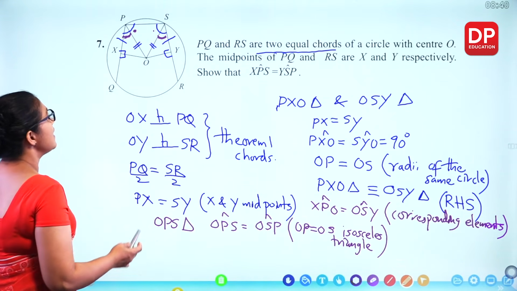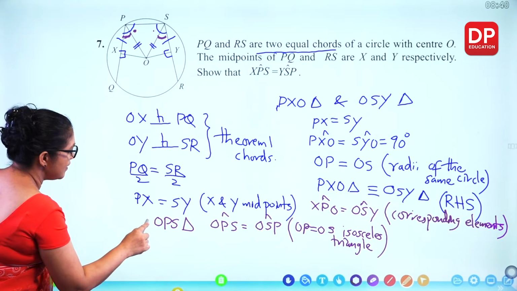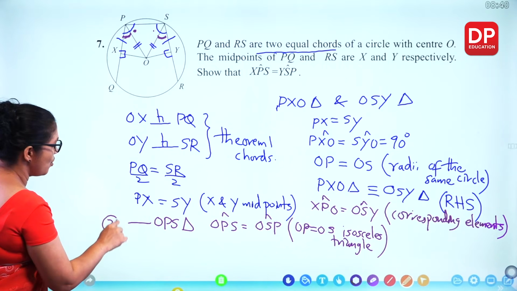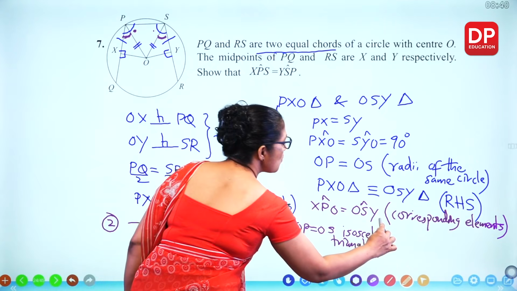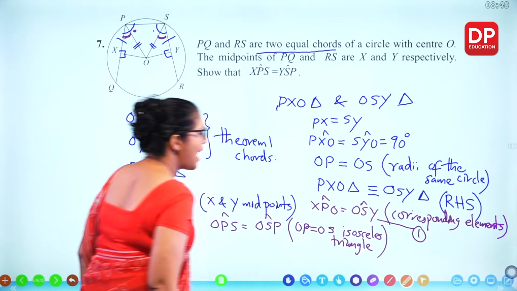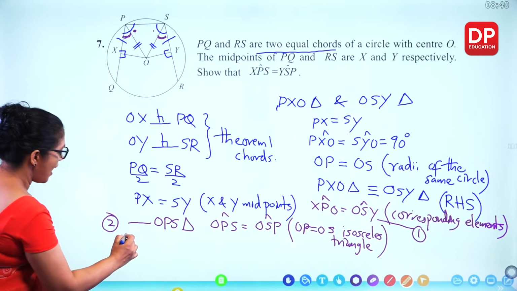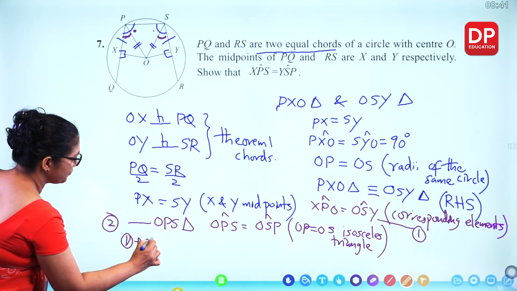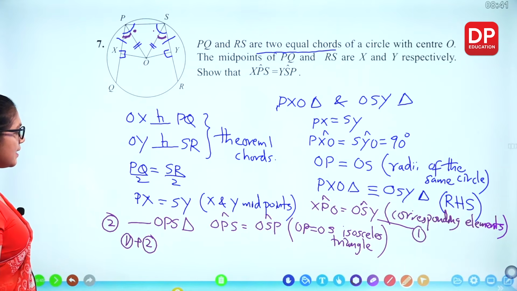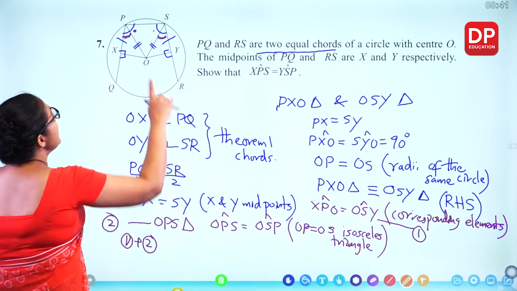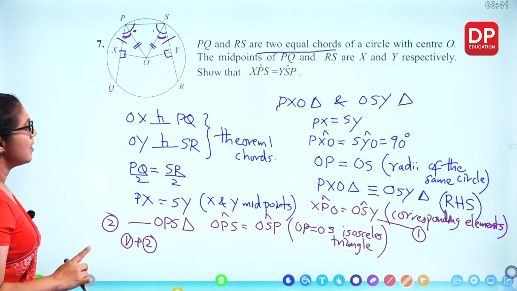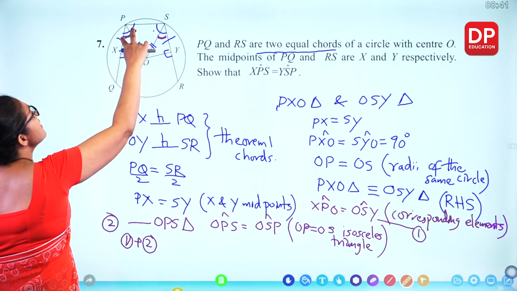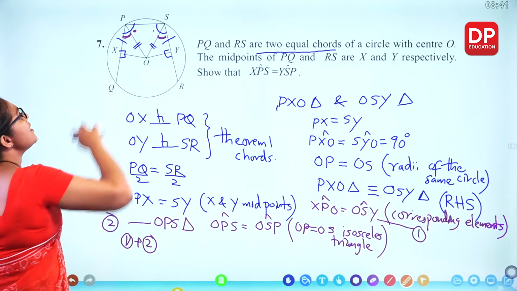Now if it's equal, now we'll take this one as 2 and this one as 1, this equation as 1. We'll try to add these two. So when you add 1 and 2, what do you get? OPS, this angle, plus XPO, this angle. What do you get when you are adding?